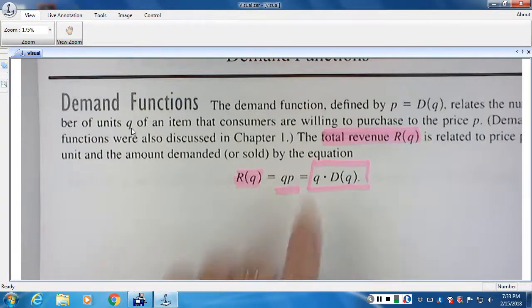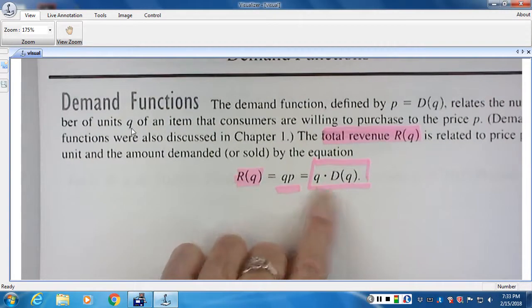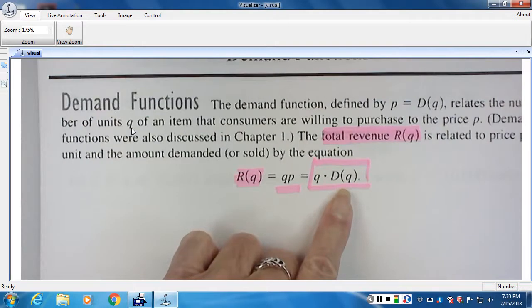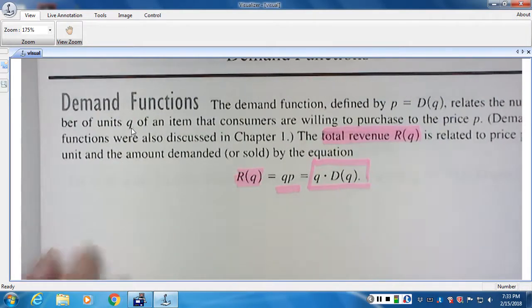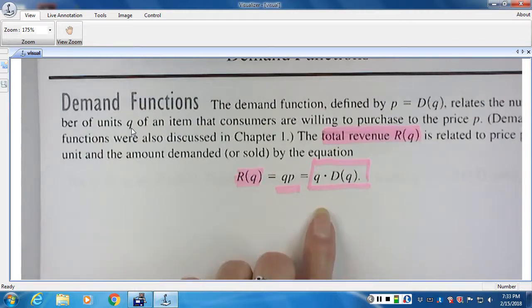So this is the quantity demanded times the price that quantity warrants. So when we do this next problem, we have to keep in mind that this is how you calculate revenue if you've got demand.